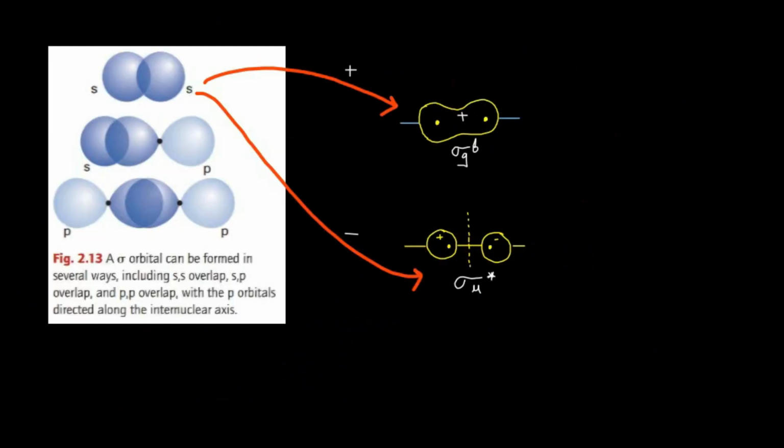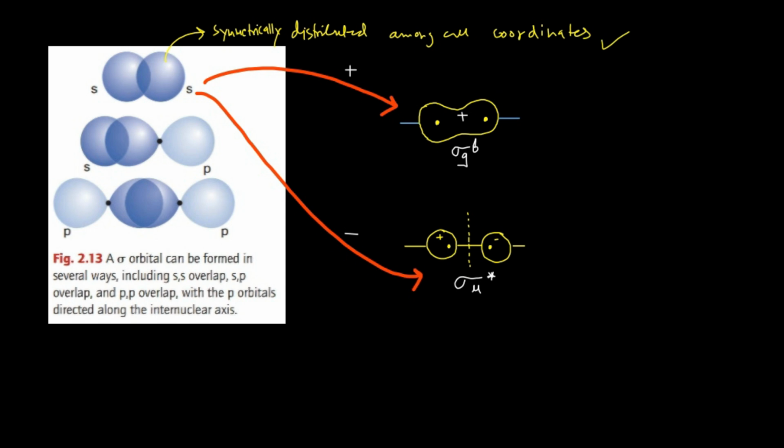Please remember, s orbitals are symmetrically distributed along all coordinates. That means in the x-axis, the y-axis, as well as the z-axis, the s orbital is cylindrically symmetric.